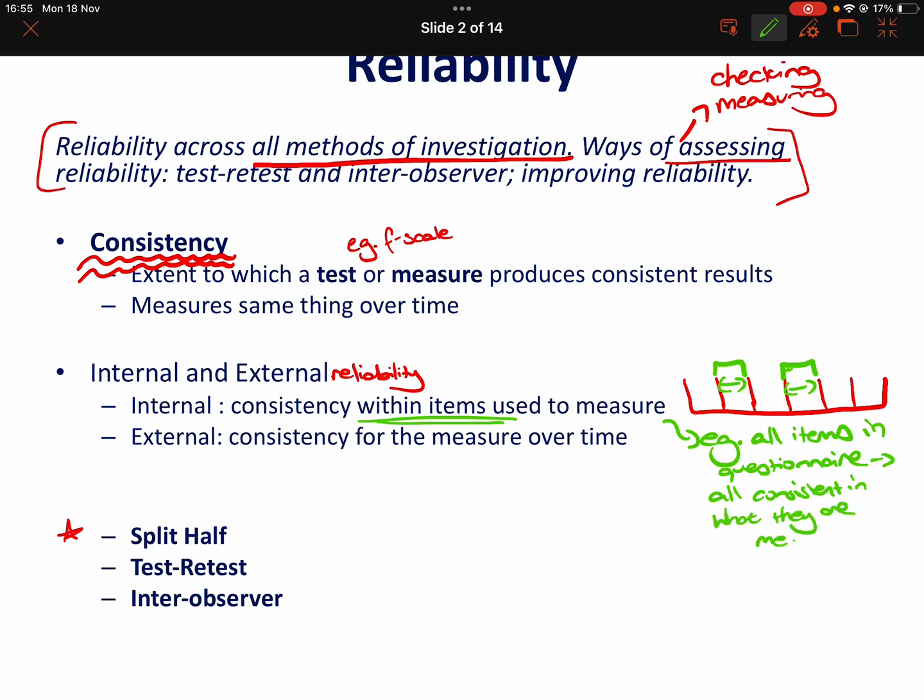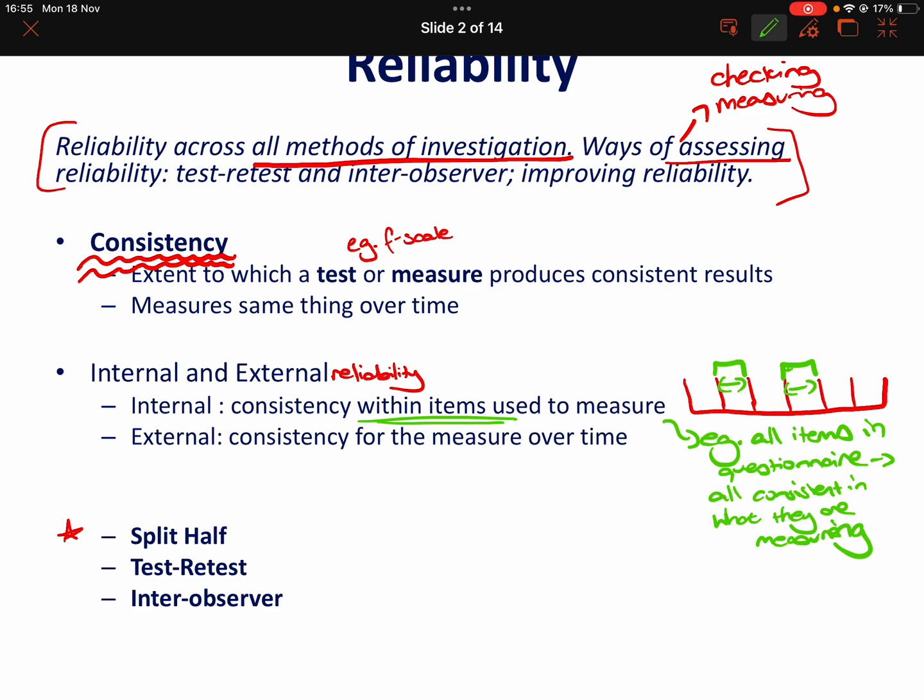So if our questionnaire is trying to measure depression, do all of the different items within that questionnaire equally measure depression? Or does some measure, for example, attitudes towards God? So we want to make sure that they're all consistent in what they're measuring. That's internal consistency.